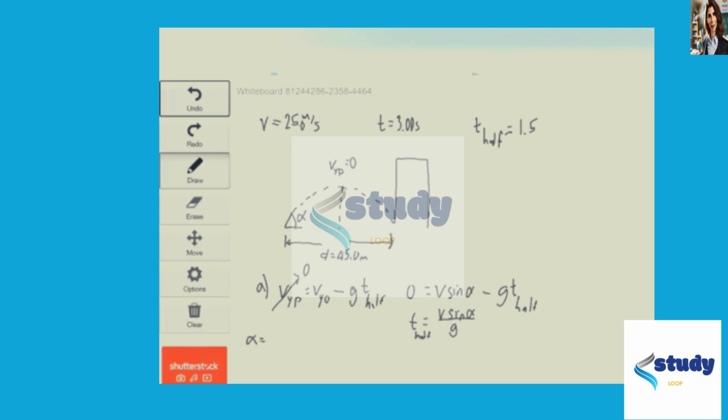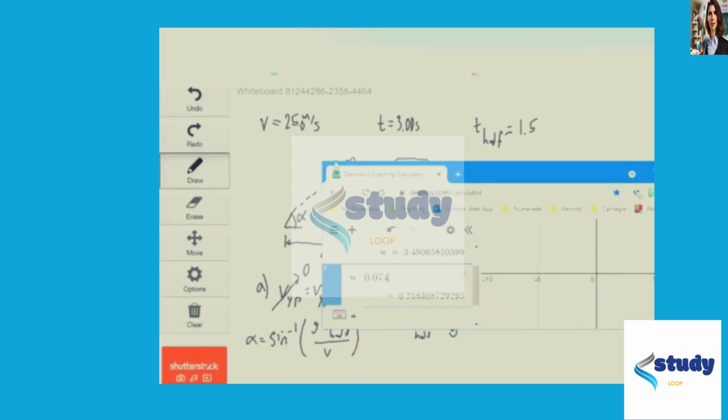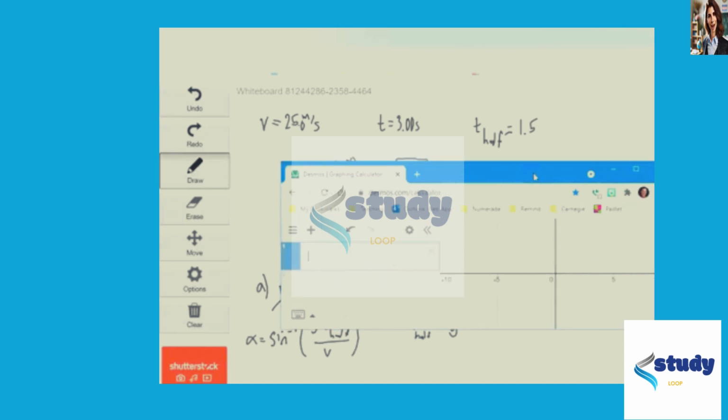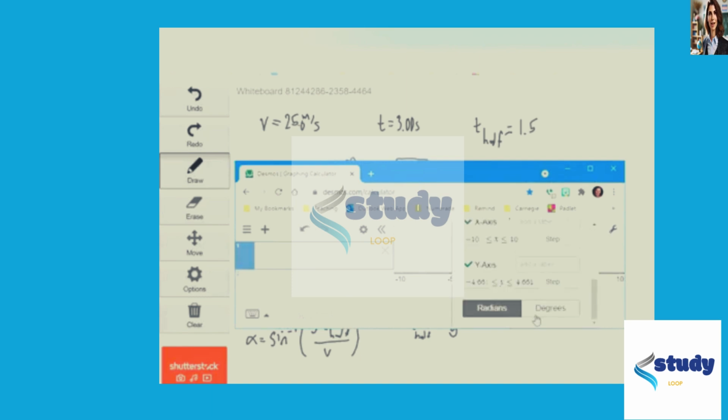Alpha is going to be the inverse sine, just rearranging this, of g t half over v. So putting that in a calculator, and I need to set my calculator to degrees. Got it.